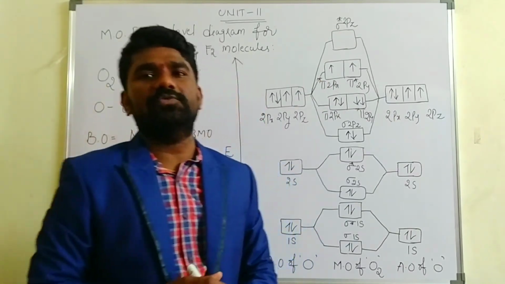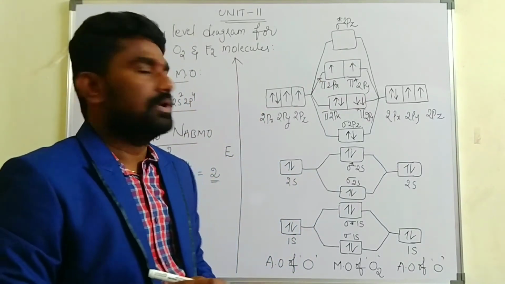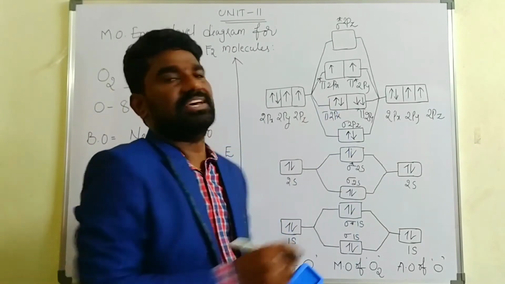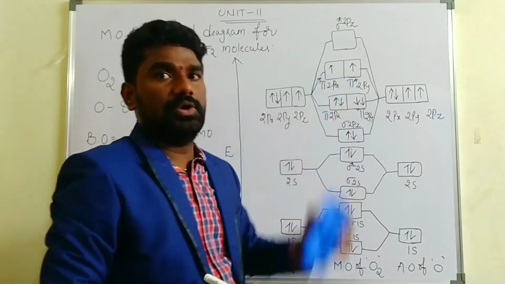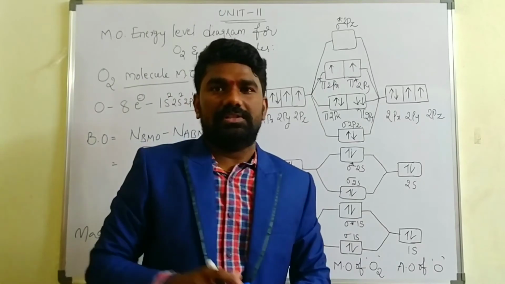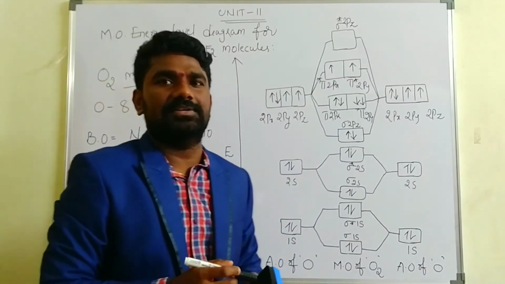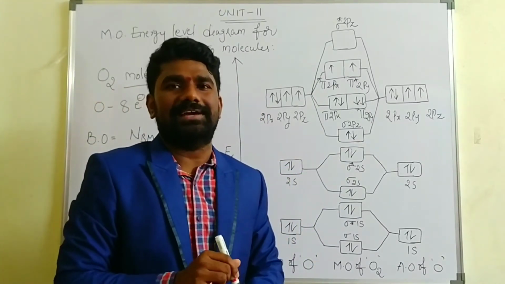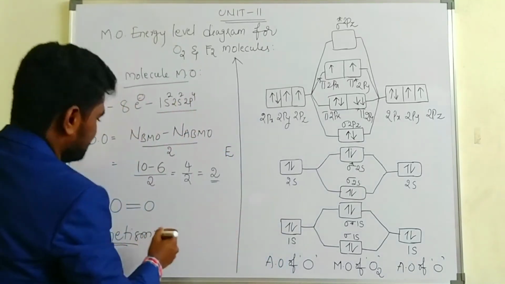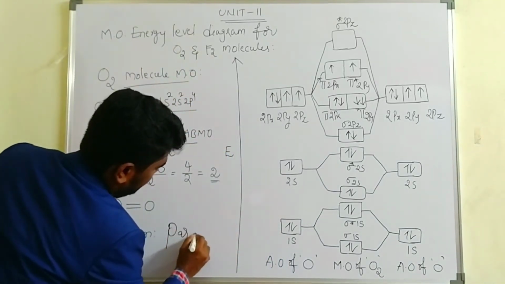In each one electron we have, total two lone electrons are present. These are not paired up, isn't it? So the molecule is having lone electrons, which should give paramagnetism. So the magnetism is paramagnetism.